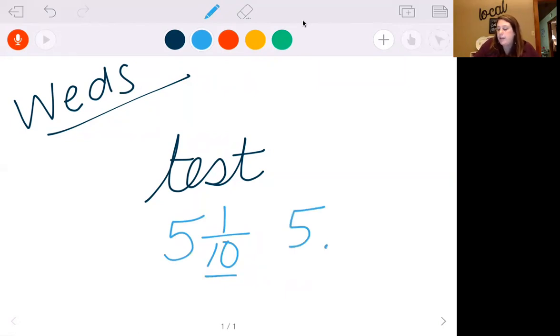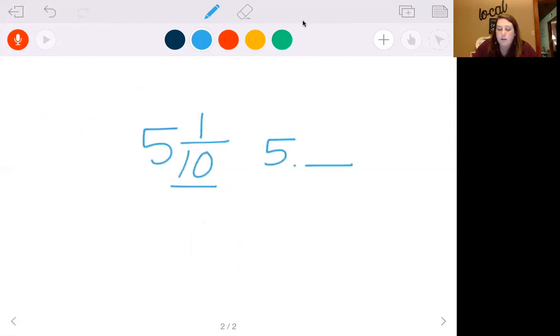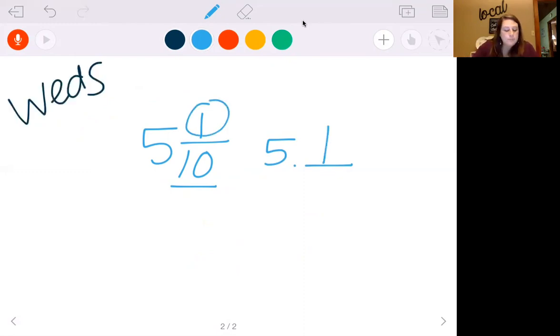The 10 tells me there's going to be 1 place afterwards, and then the 1 on top goes here. Okay, so that's how you do ones like that.